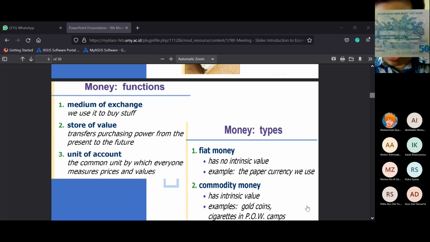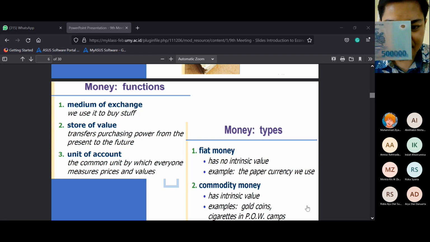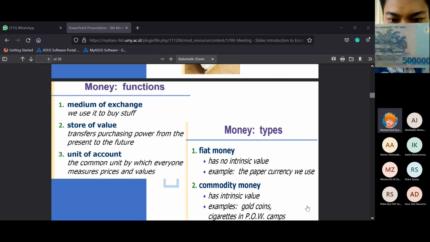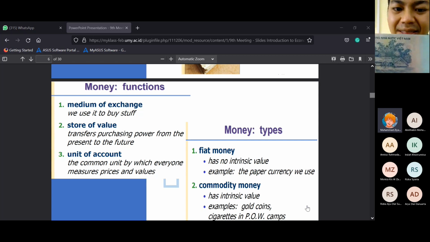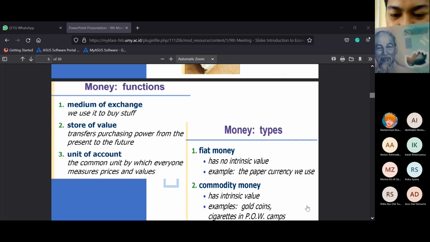How much, Abdi Hakim, is this money? Can you see now? 500,000, sir. 500,000. You see, 500,000 on one piece of paper.